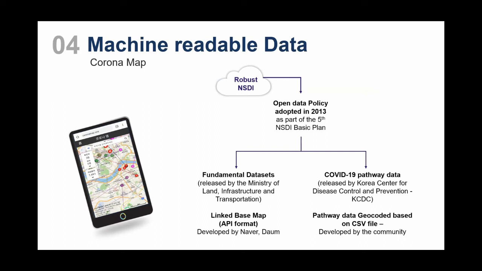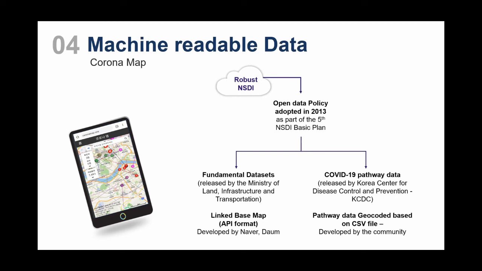Because we had this robust NSDI with open data policy adopted in 2013 as part of the 5th NSDI basic plan, fundamental data sets were released, and other private companies such as Naver and Daum developed APIs based on this fundamental data set.